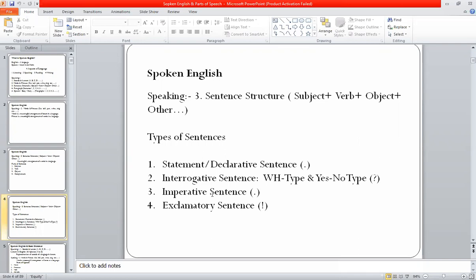And for showing that feeling, you generally use these words.